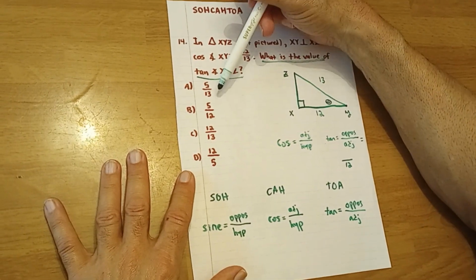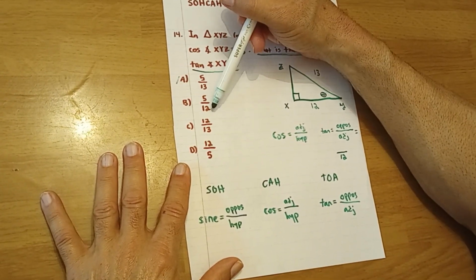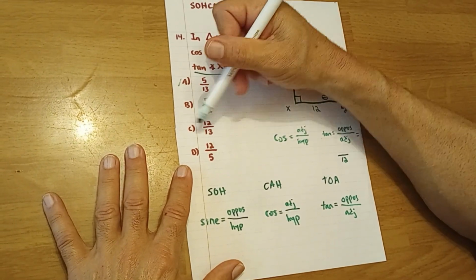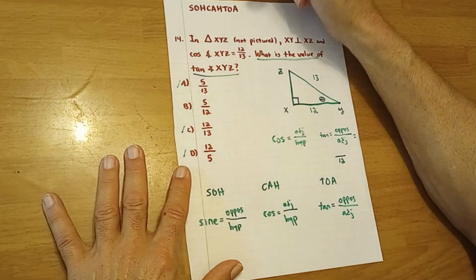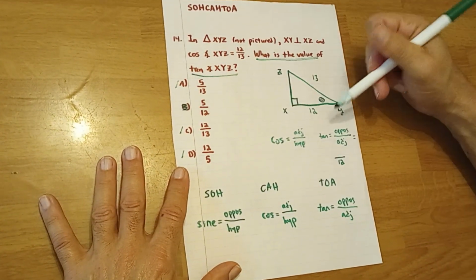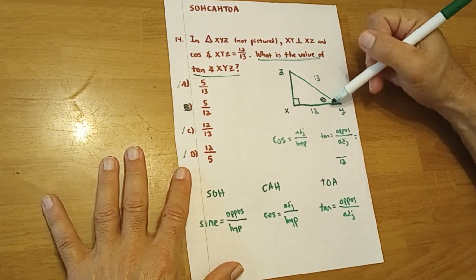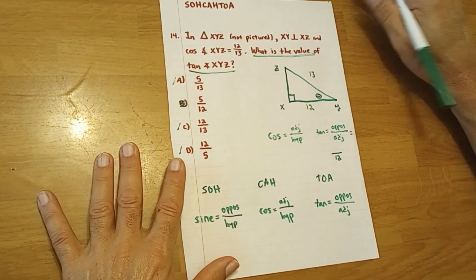And if we look here, the denominator is 13, so that can't be. 12 could be, 13 can't be, and 5 can't be. So the answer must be B, that the tangent of this angle XYZ would be equal to 5/12.